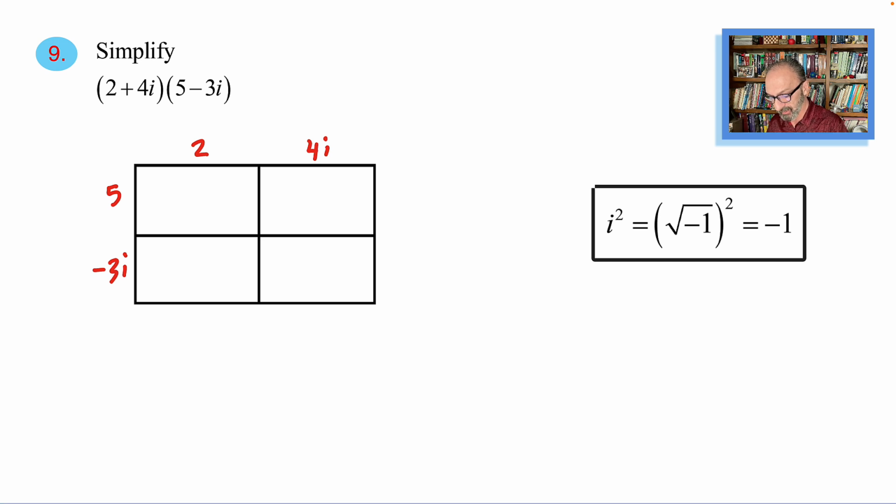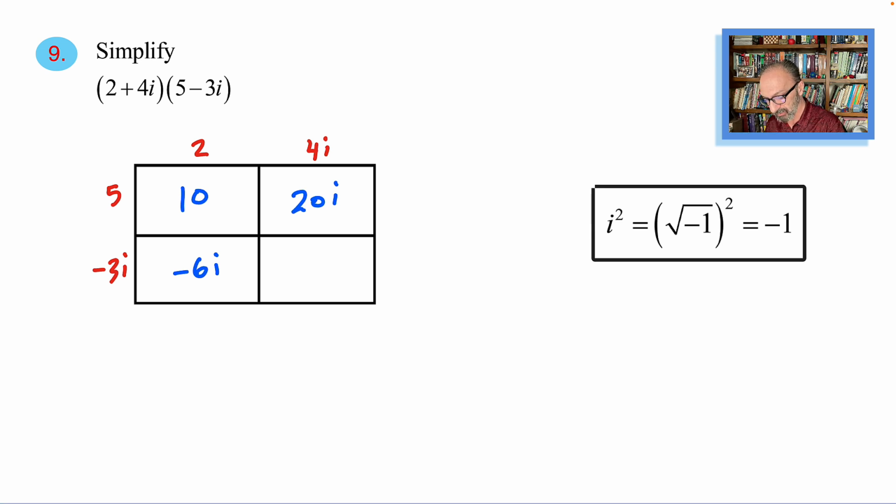Multiplying for the first box, 2 times 5 will have a value of 10. The second one to the right of it, 5 times 4i will be 20i. And down to the left, 2 times negative 3i will be negative 6i. The last one is 4i times negative 3i.